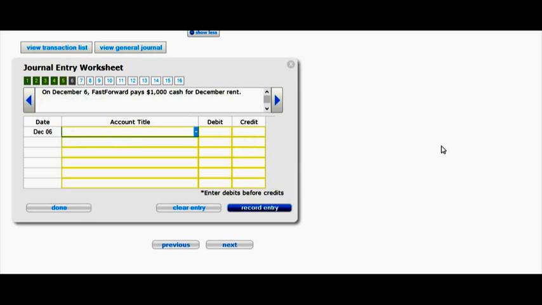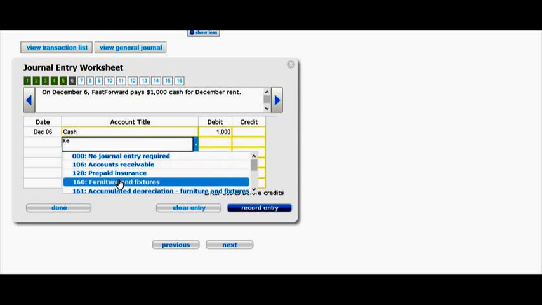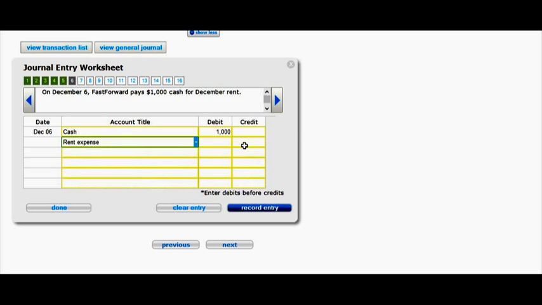On December 6th, Fast Forward pays cash for December rent. So let's do this one wrong. Let's debit cash for $1,000 and credit rent expense. I think it's rental expense.